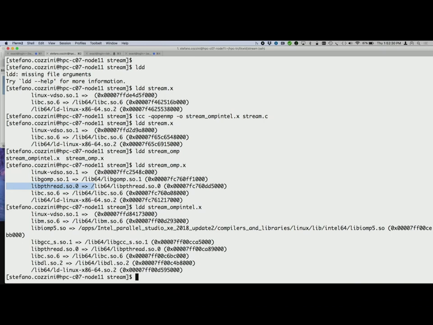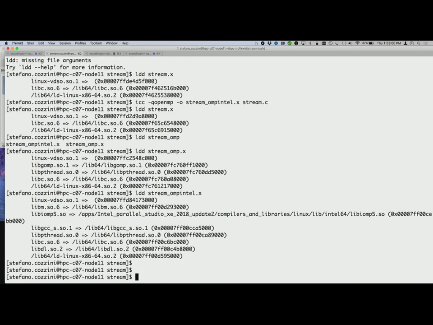Then I have this libiomp, then libpthreads, and then also libgcc, that is another library that Intel will link against. So same program, same source code, 3 different executables.